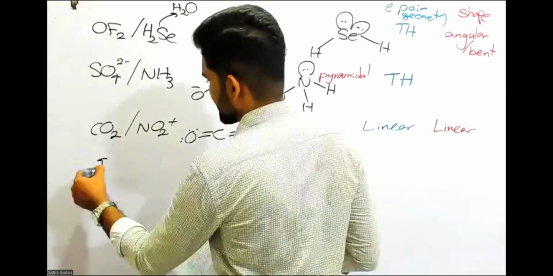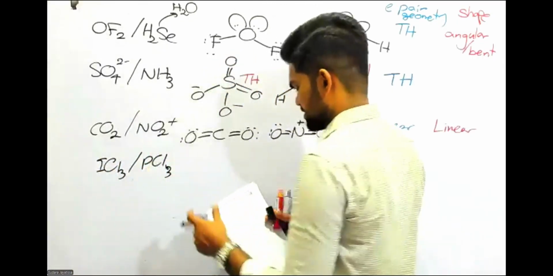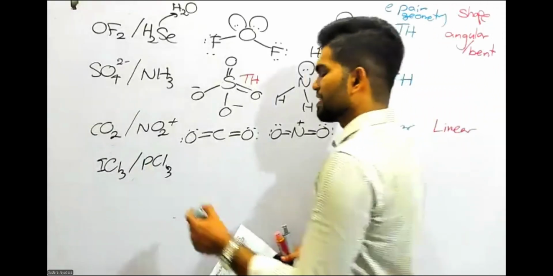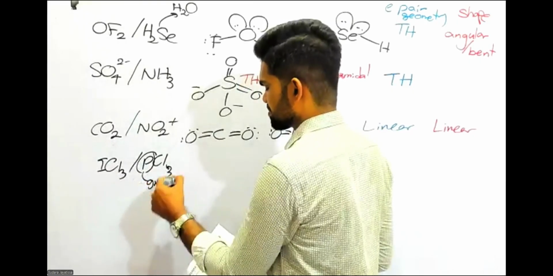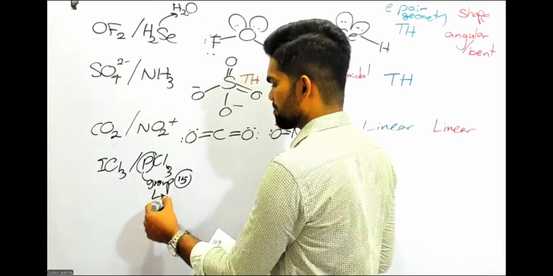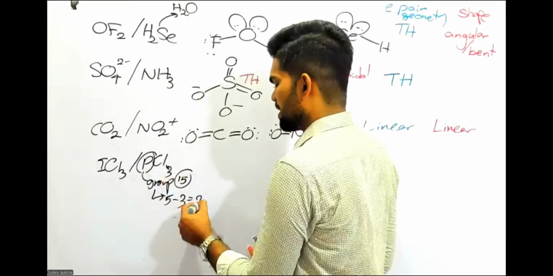Look at the next one: ICl3 and PCl3. Even though there are 3 chlorine atoms, obviously you can see the central atom of PCl3 belongs to group 15. That means 5 valence electrons. From those 5 valence electrons, if 3 are reserved for bonding, you will have 2 electrons.